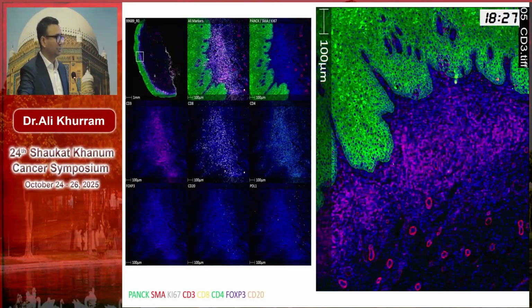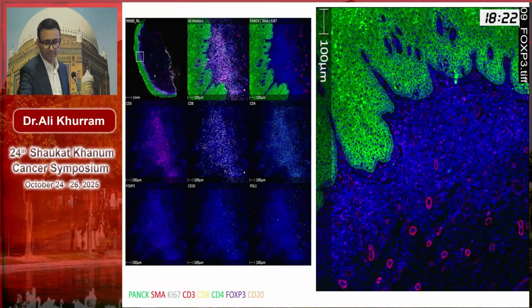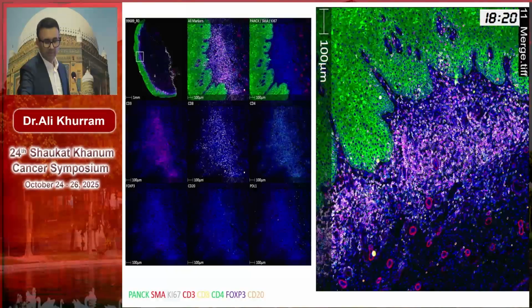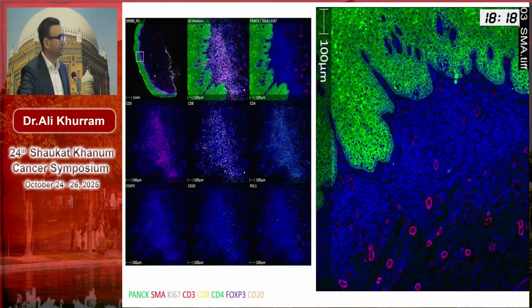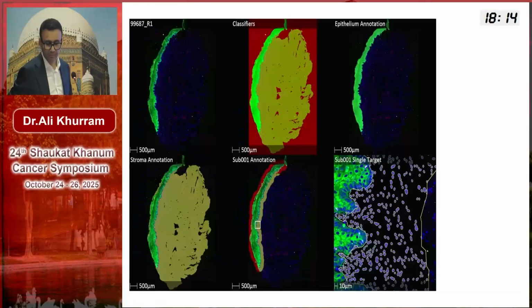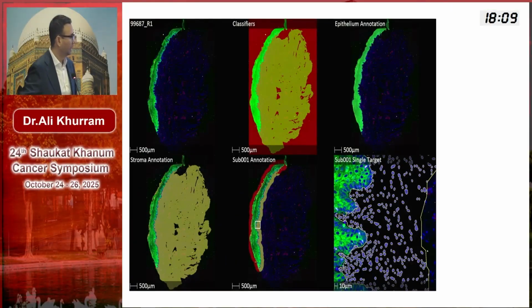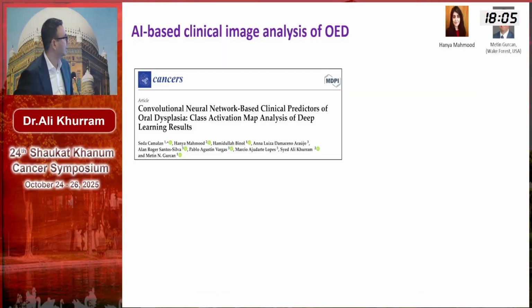So we're trying to see what the phenotype of these lymphocytes might be. So we are doing some multiplex staining on these dysplastic cases to see how these might be different to lymphocytes in cancer. And then what we can do is develop AI models based on these multiplex images and again perhaps feed that into our existing models and make our prediction even better.